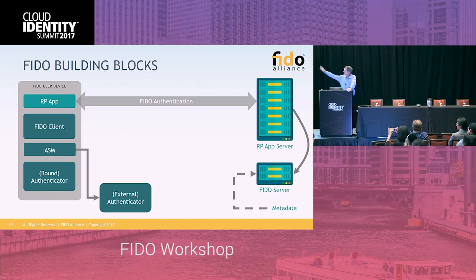As you'll notice, this required a particularly heavy client stack with the relying party application, the actual FIDO client, the authentication interfaces, the ASM, and then how we bind to the actual authenticator.